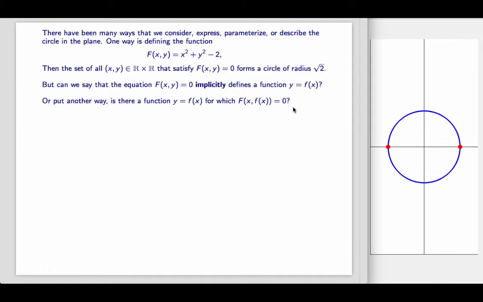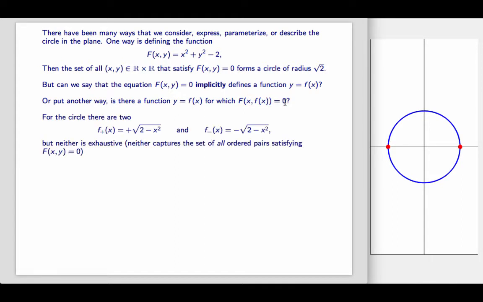Is there a function y equals f of x for which f of x, f of x is equal to 0? In other words, can we take this expression here, solve for y as a function of x, and then insert it back into here?